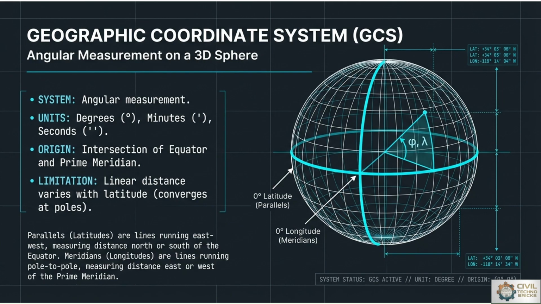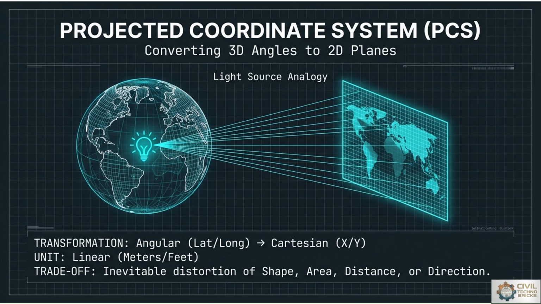So from a GIS point of view, if we are performing the activity based on GIS, we have to follow the geographic coordinate system or the projected coordinate system. Geographic coordinate system for the 3D sphere consideration, projected coordinate system for 2D planes. So we have to consider the whole earth as a 2D plane.